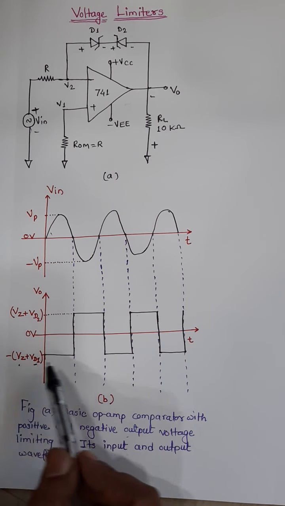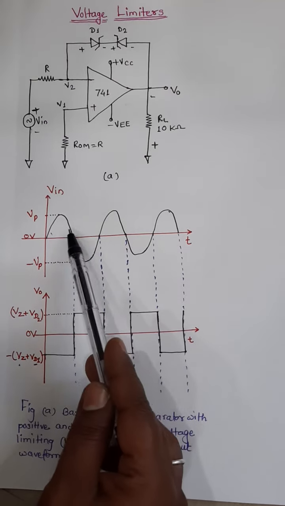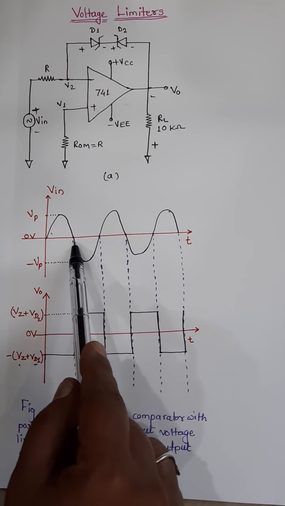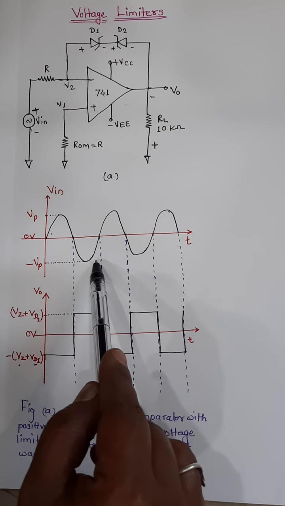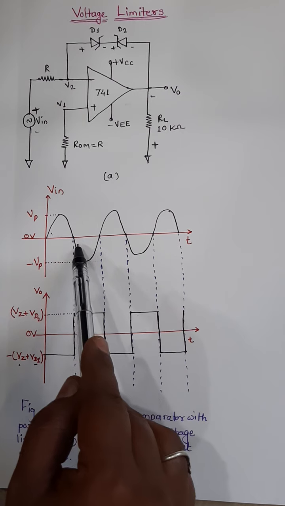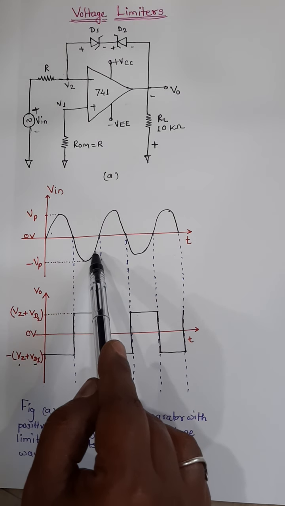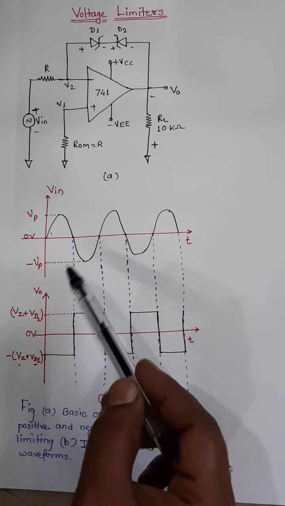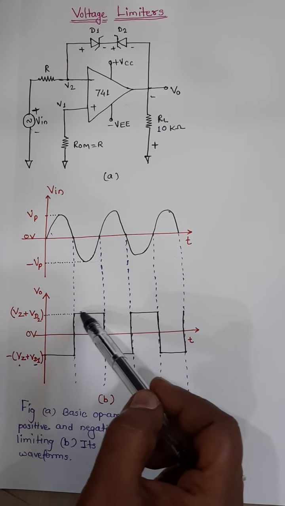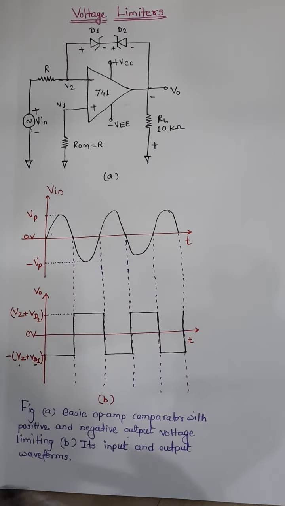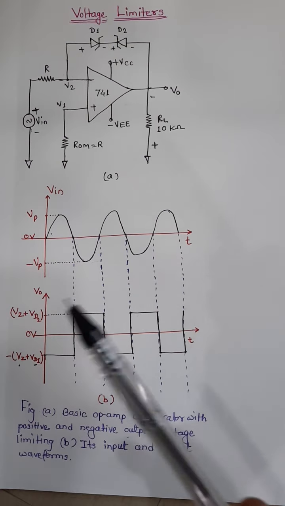Okay. Now, whenever the input signal again crosses 0 and increases in the negative direction, the output increases in the positive direction, because the input is given to the inverting terminal. So there is a 180-degree phase shift between the input and output.